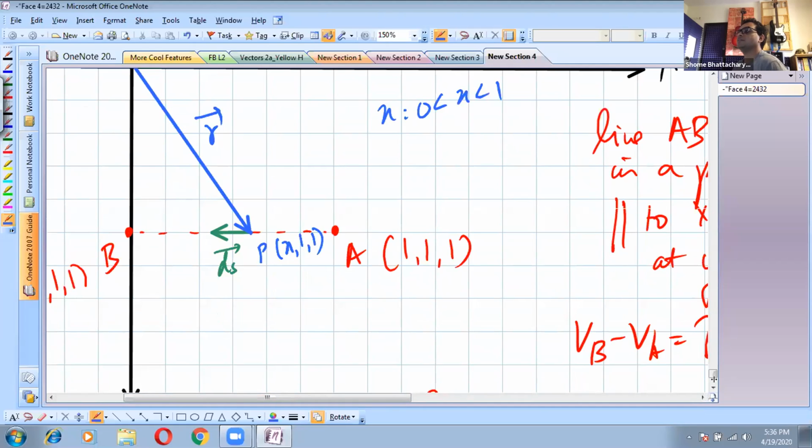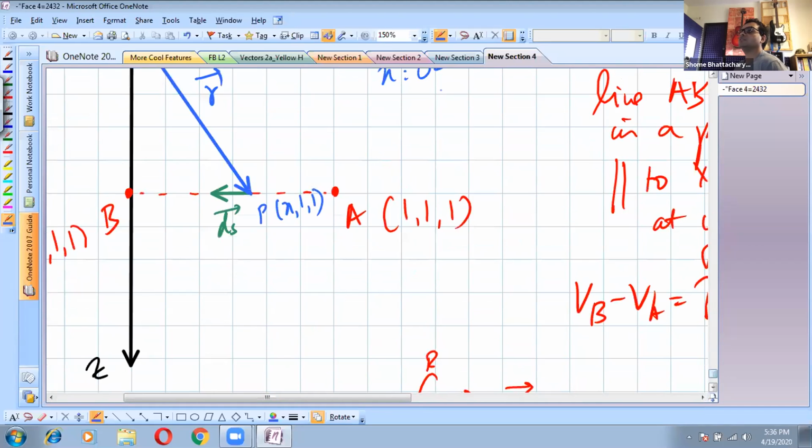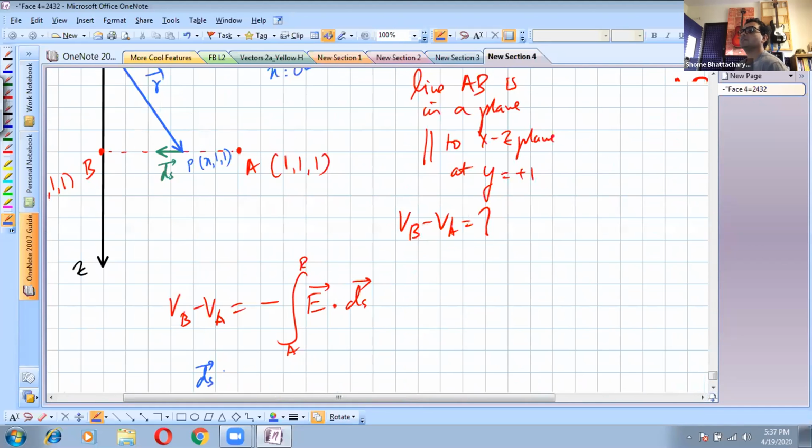Okay. So now let us understand the electric field at the point. My ds, first of all, in this diagram is basically what? From the diagram you can see you're moving along which axis? You're moving only along the x-axis. So your ds will be nothing but dx i cap. Your y and z coordinates are remaining fixed. And notice I have not written minus dx i cap because the limits will take care of direction.